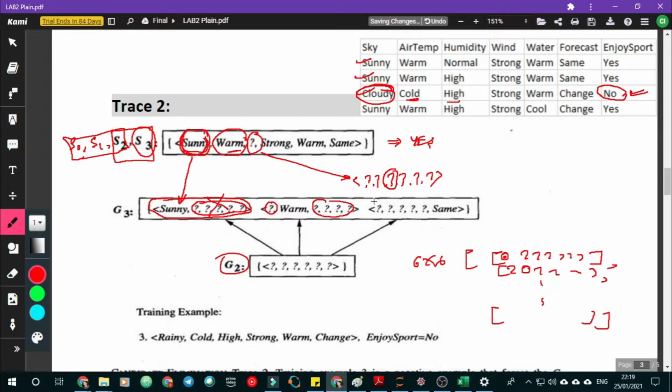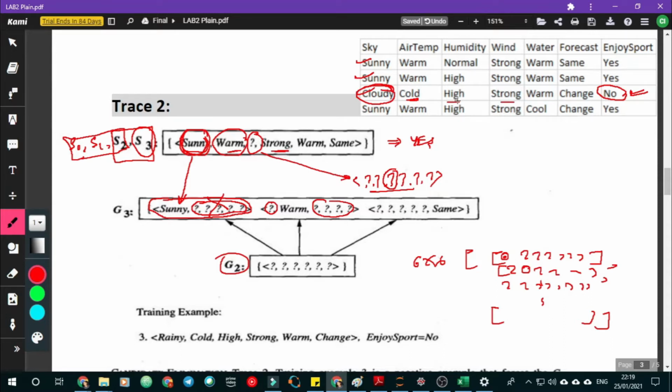The third one, I'm again doing the same, question mark, nowhere else am I replacing the value from the question mark. So that's why they have not written question mark here, because for question mark there's no need to write it. Next is strong. I'm comparing strong with strong. Both are same.